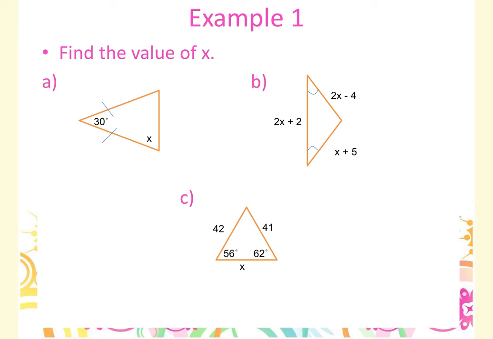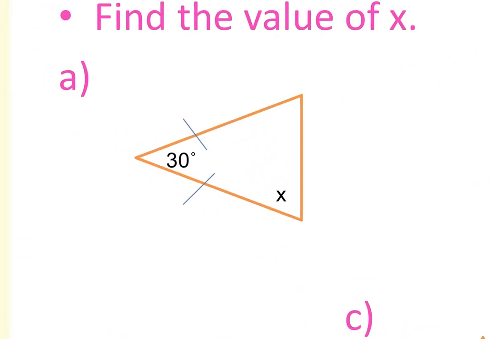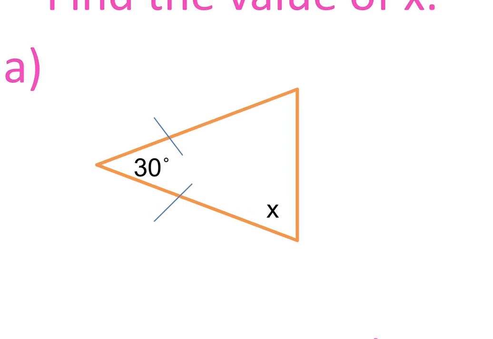All right, so now let's apply some of that. This says find the value of x. So if I look at A, what are you given about the sides? The angle is 30 degrees. What are you given about the sides? That they're equal. Those two sides are equal. If those are equal, then what, Nick? Then the other angle also equals x.